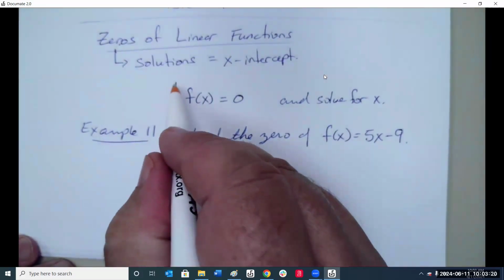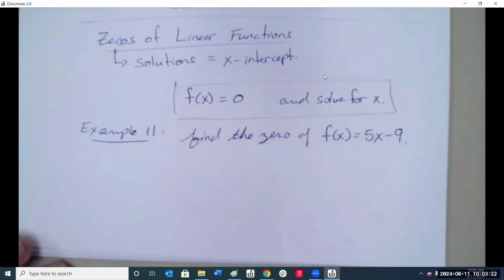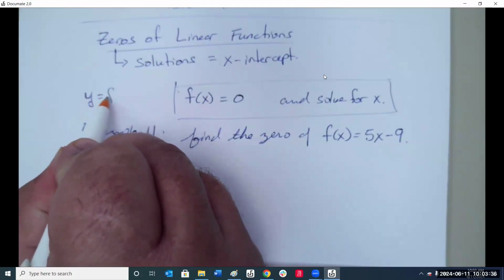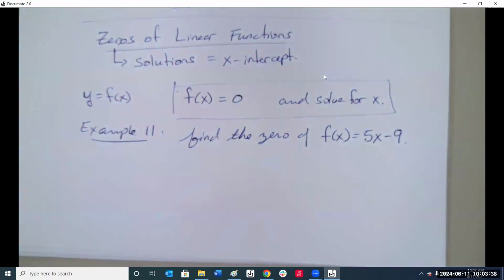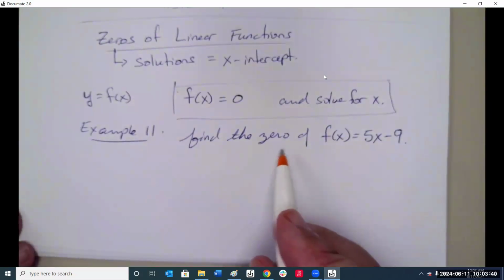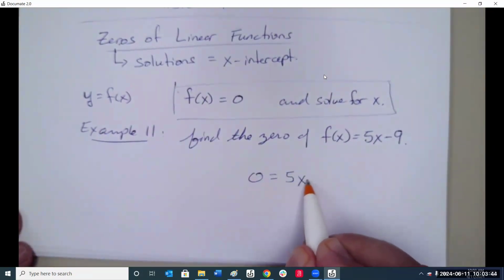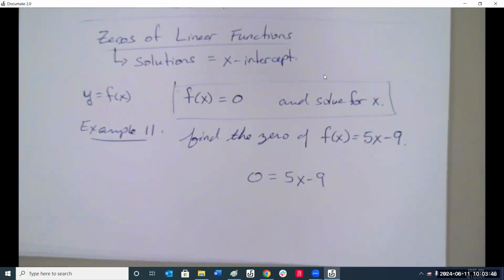The clue is what we just talked about. How do you find the x-intercept? What do you do? Set y equals 0. And remember, y is the same thing as f of x. To find the 0, we set the whole thing equal to 0 and solve for x.